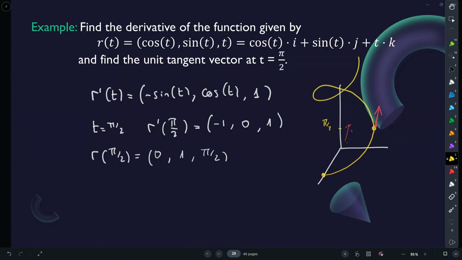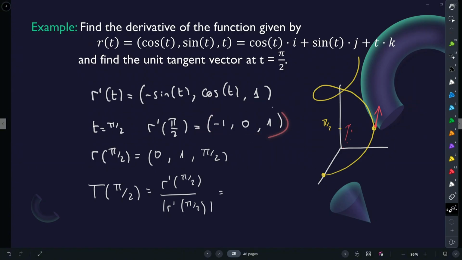And then for a unit vector, I'll have to take the derivative at pi over 2 divided by its length. The length of this vector is the square root of 1 squared plus 1 squared, so the square root of 2. So the derivative at pi over 2 is minus 1, 0, 1, and then I have to divide by its length. I computed the length of that vector, and then I used a different one. So it is minus 1 over square root of 2, 0, 1 over the square root of 2. Yes, thank you for noticing.